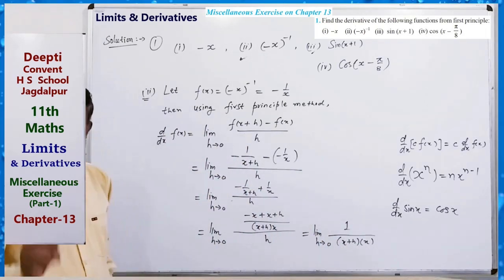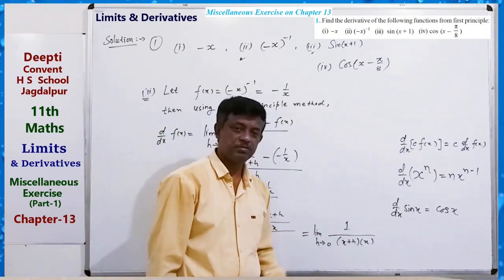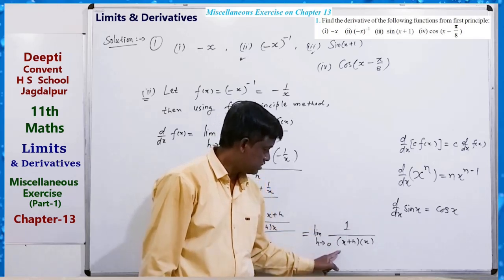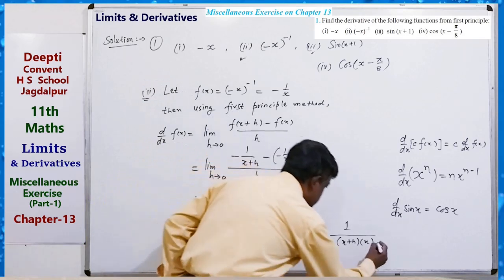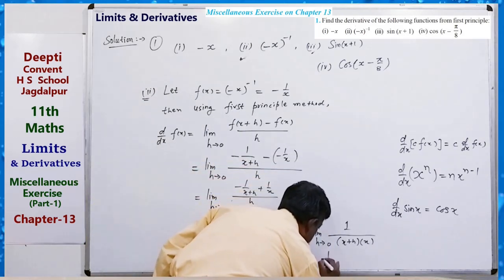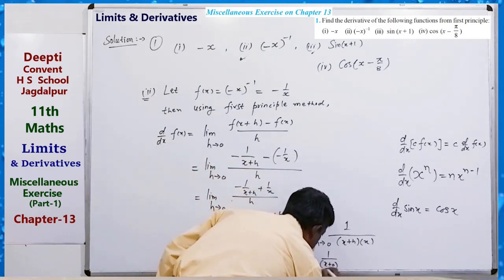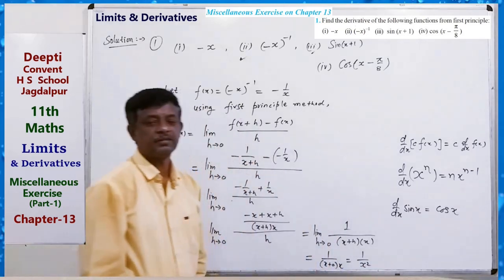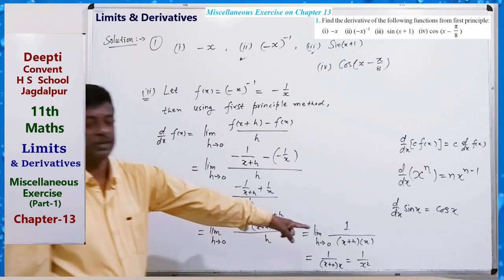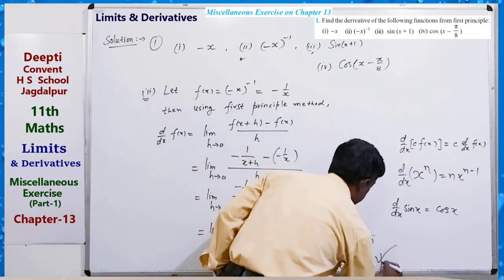Now we can put h equal to 0 here, so it is 1 upon x plus 0 into x, which is 1 upon x square. So this is the derivative, 1 by x square.